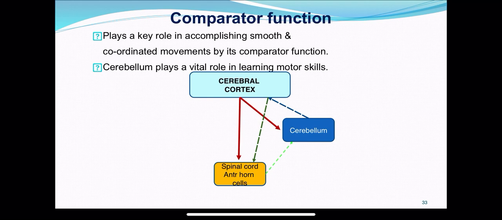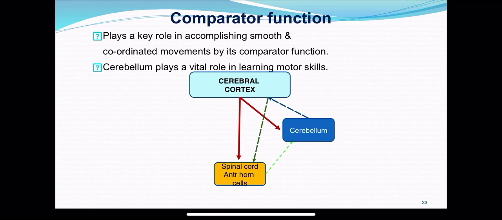So with training, a person can develop highly skilled and rapid movements. The cerebellum thus plays an important role in learning motor skills. That is how it has a comparator function which is not there for any of the other structures in the brain. So the cerebellum has a very wonderful and different kind of function known as comparator function.